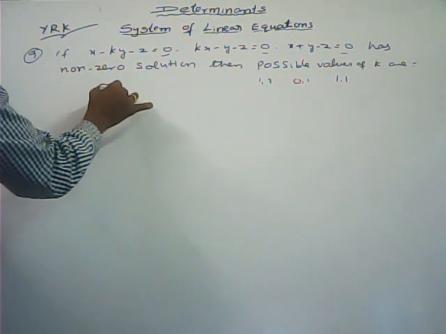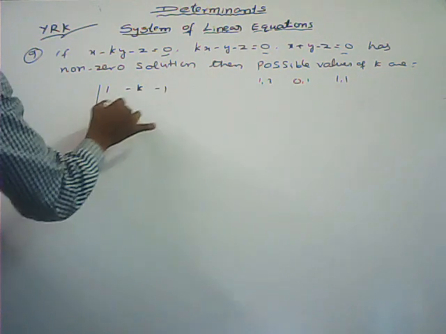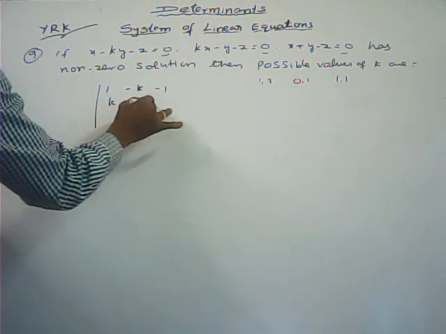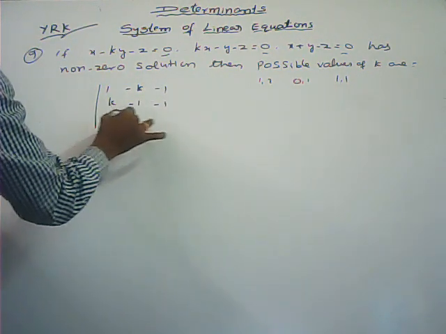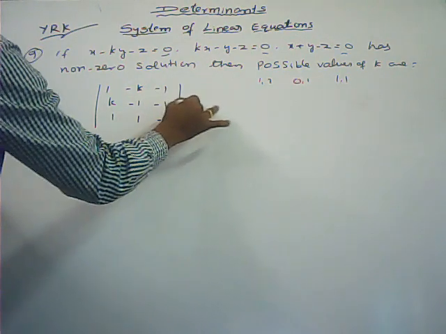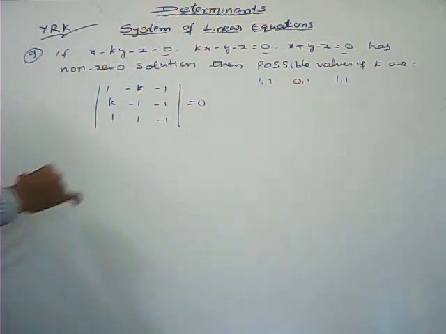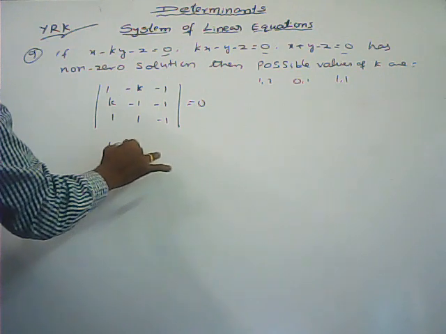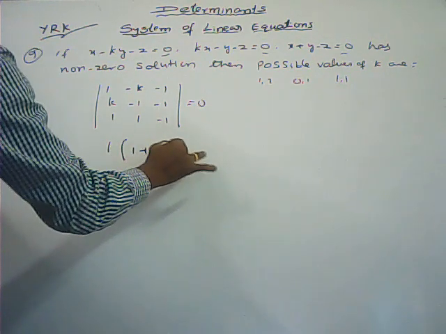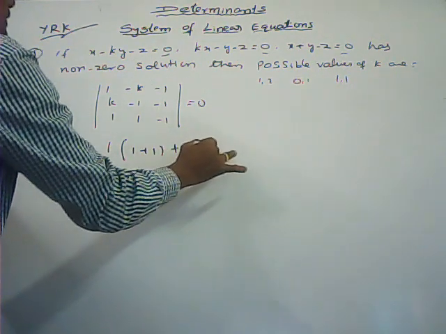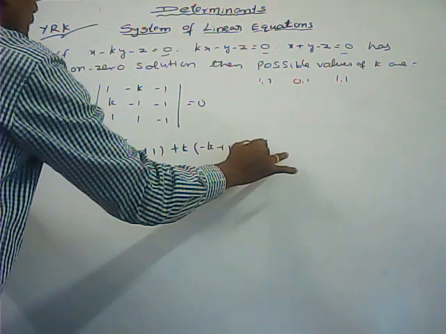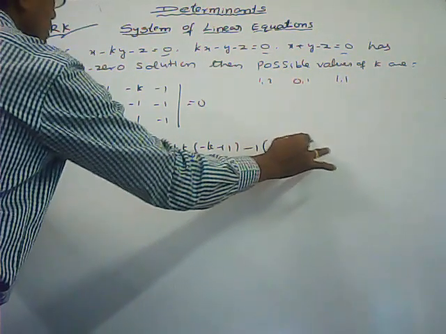Here what are the coefficients? 1, minus k, minus 1; k, minus 1, minus 1; 1, 1, minus 1, is equal to 0. Now this one you can expand directly. 1 into (1 plus 1) plus k into (minus k plus 1) minus 1 into (k plus 1), that is equal to 0.